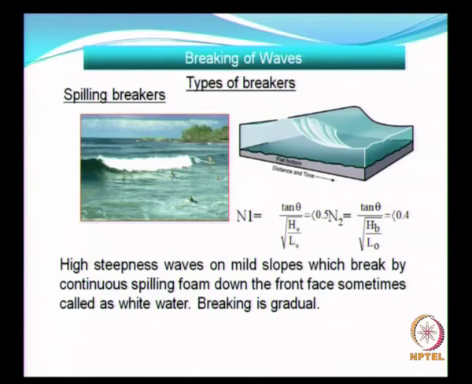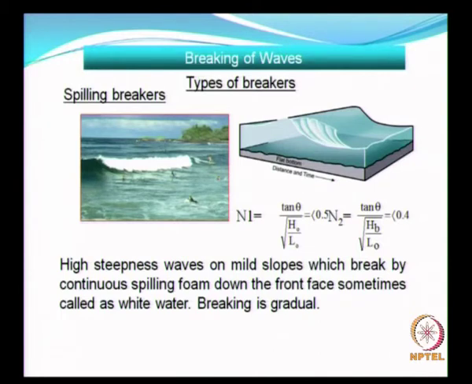High steepness waves on mild slopes break by continuous spilling, foam down the front face, and this is sometimes called white water, and breaking is gradual. For example, Goa beaches, very popular. So you can walk for a long distance.